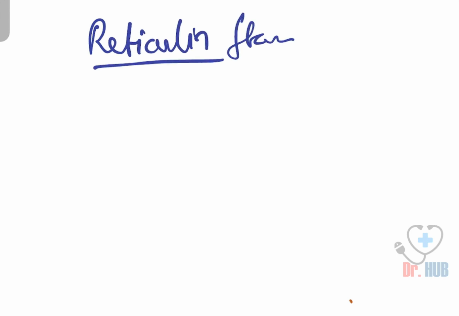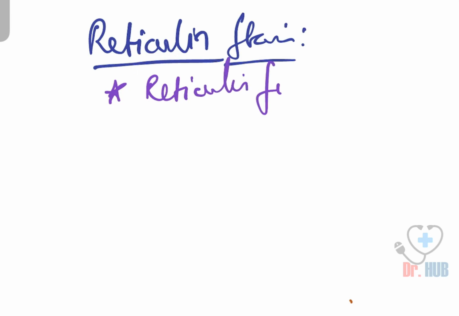Then we look at the next staining, that is the reticulin stain. So this reticulin stain, as the name suggests, is for the reticulin fibers. And what does it do?